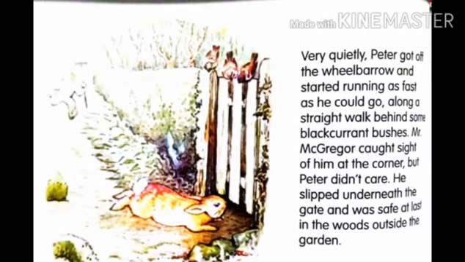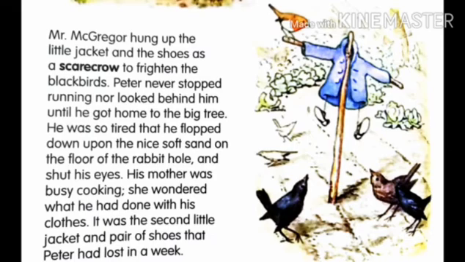Now next, what happened? Mr. McGregor hung up the little jacket and the shoes as a scarecrow to frighten the blackbirds. Do you know what is a scarecrow? Normally we call it in Telugu dishti bomma. Okay, so it is used to scare. Scare means to frighten the crows.